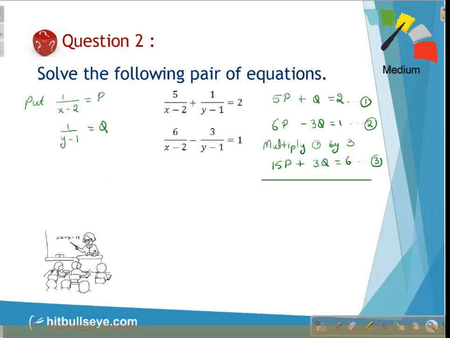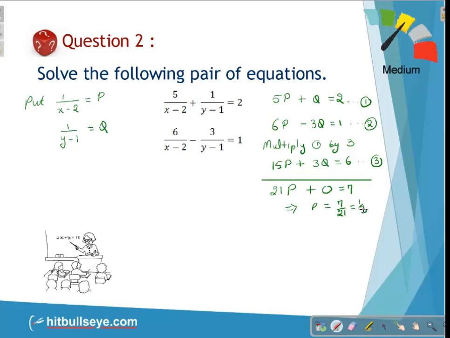Now to eliminate q, I'll be adding equation number 2 to equation number 3. If we add 15 and 6, it will become 21 times p. This becomes 0 is equal to 7. Or I could say that p is equal to 7 by 21, which is 1 by 3.